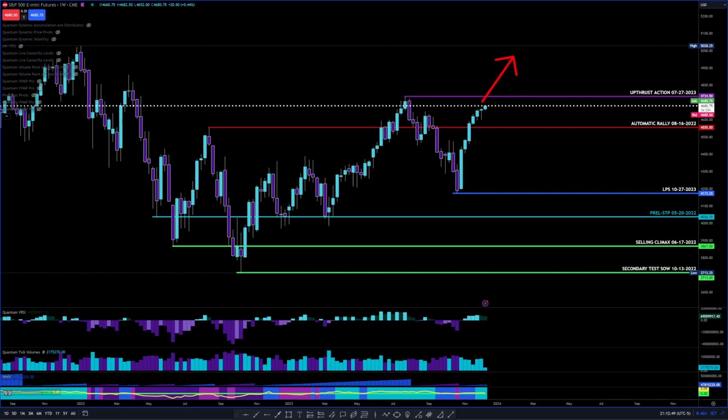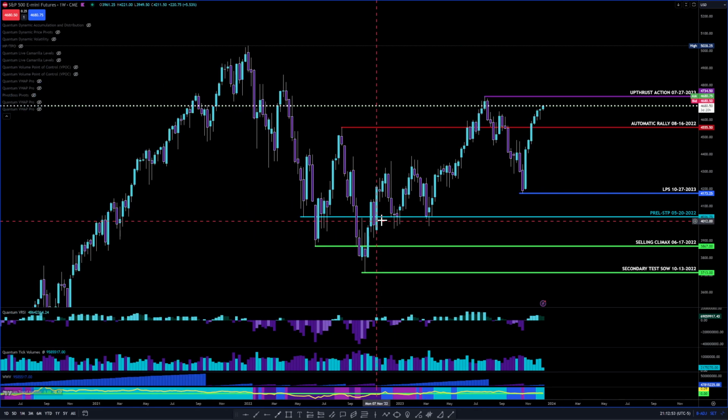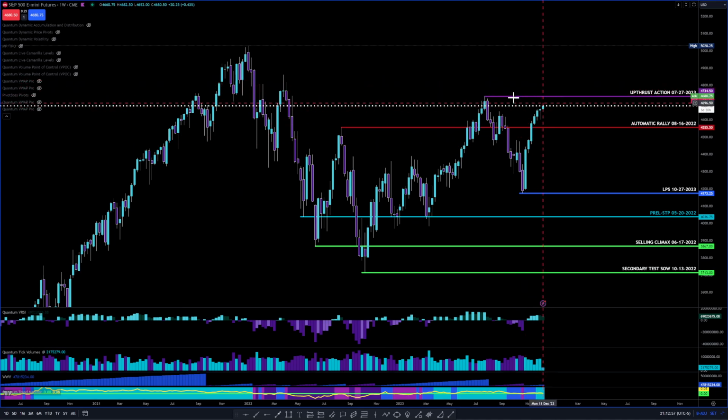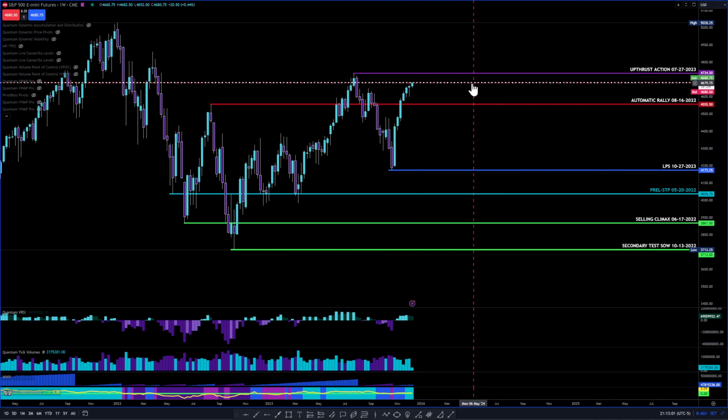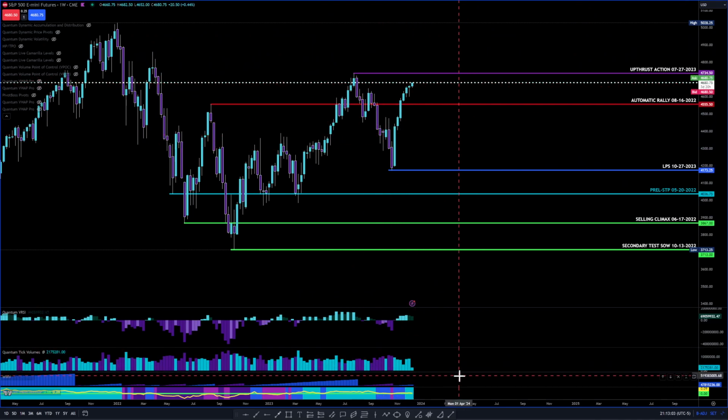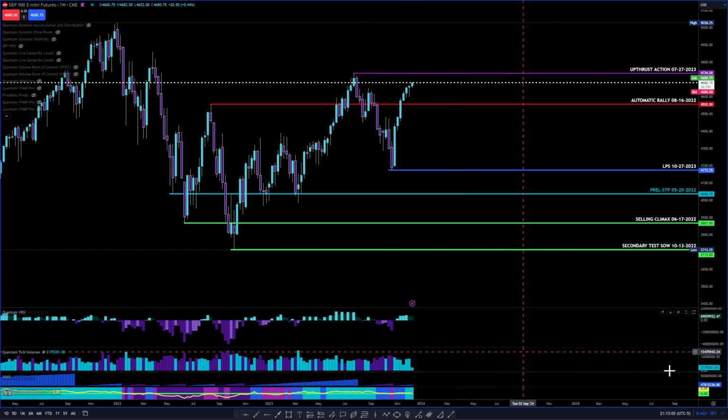But just to make a note, this could be some upthrust action again to test above here before we get a breakout of the highs. So it's still bullish, but something else I want to show here with the Wyckoff waves is that compared to this bullish run here.